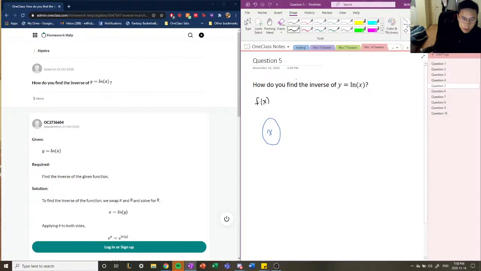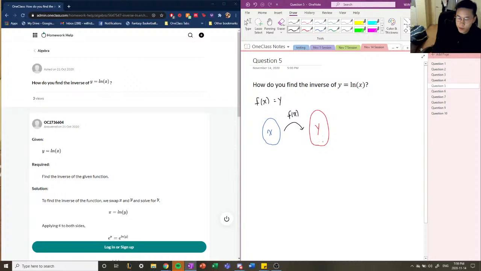It takes one of our x values, and we punch it through f of x to get a bunch of f of x values. Let's say f of x equals y, so we have a bunch of y values. What the inverse function does is reverse what f of x does.